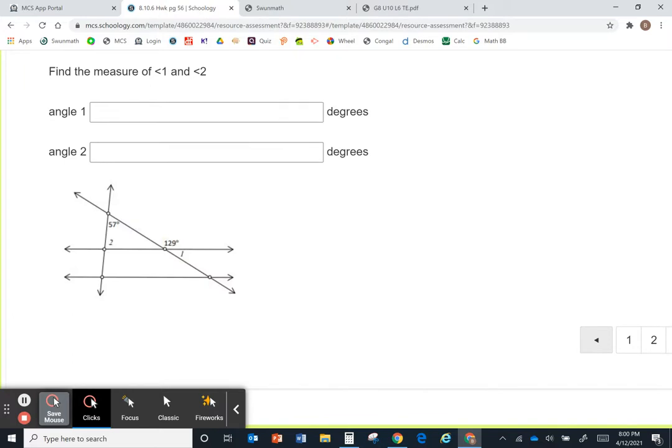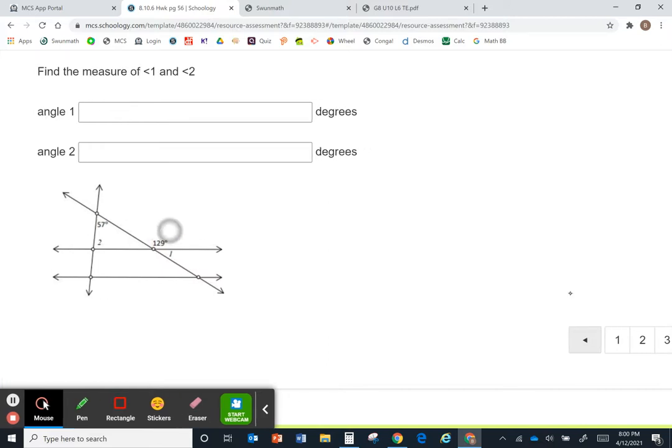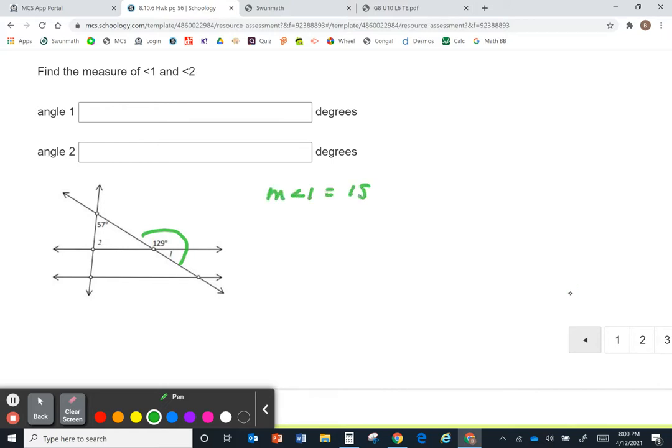Okay, peeps. You think this one's hard? These are like the easy ones. All right, look. These are supplementary. Whoopsie, I need a pen. These are supplementary, right? So what is that? Angle 1? Yeah, it's a 1. The measure of angle 1 is going to be 180 minus 129, because these are supplementary, right?